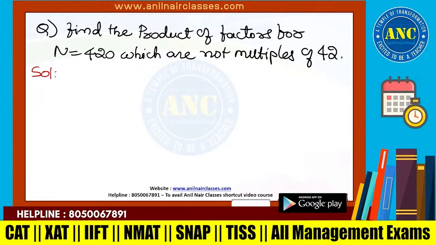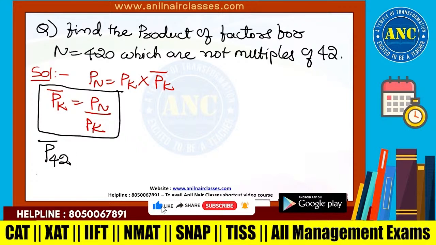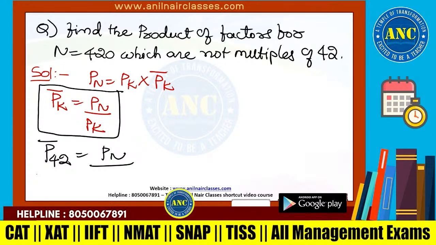Solution. Pn is nothing but Pk into Pk bar. Pk bar is nothing but Pn by Pk. So the product of factors not multiples of 42 is nothing but the product of all the factors by the product of the factors which are multiples of 42.